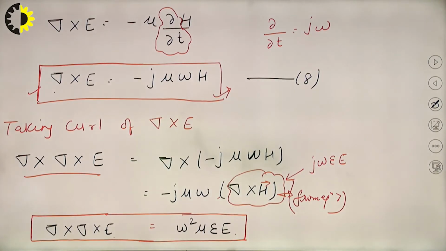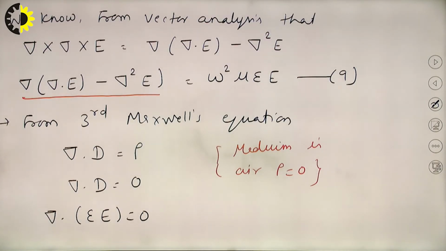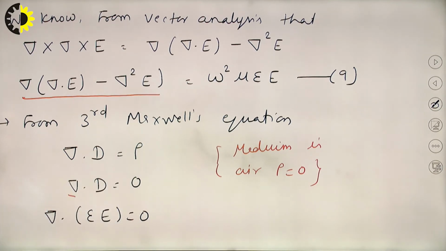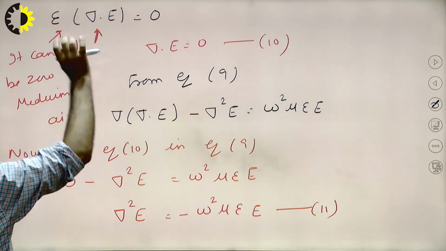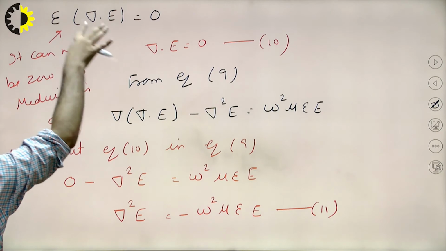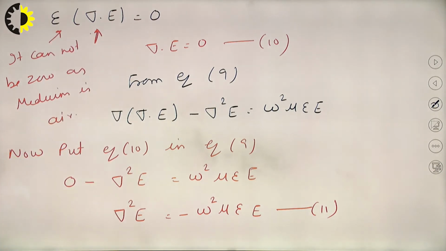Now you will see that del dot D equals 0 since rho is 0, that means del dot D equals 0. Therefore, putting the value of D, del dot E will also be equal to 0, as epsilon cannot be equal to 0.